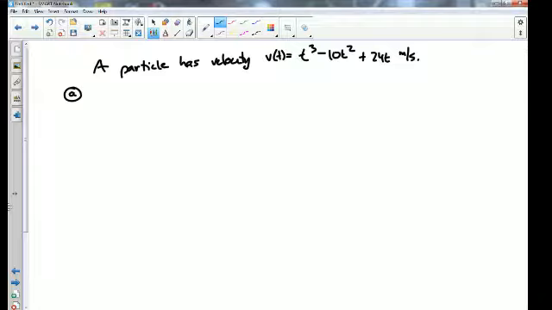Again, particle motion problems, you can ask a dozen different questions. Here's one of them. Calculate displacement for this interval.